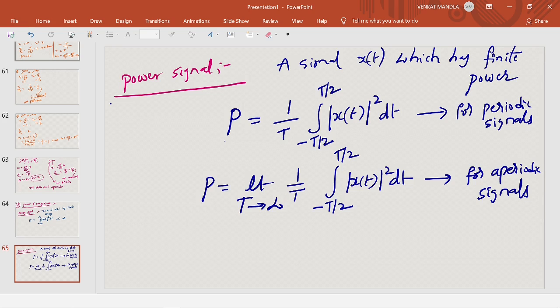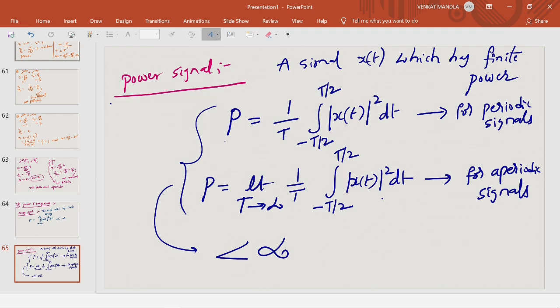These formulae are important, in communication also. This P must be finite, P less than infinity. Then it is a power signal.